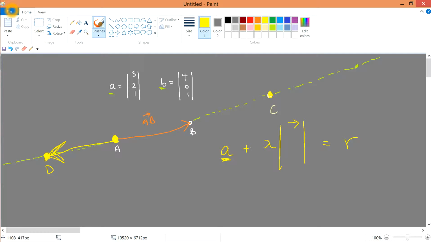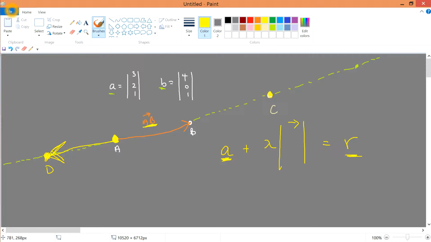When you add a vector of different magnitude, it will give you a different point. So if I add different magnitudes of AB, I would have a different point.